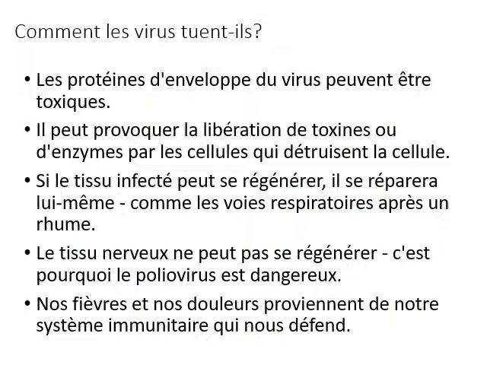How do viruses kill us? There are many mechanisms. The virus's protein envelope might be toxic, or sometimes the virus can cause our own cells to release toxins that destroy the cells.